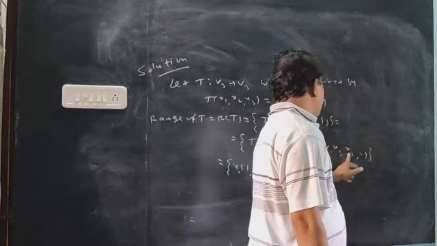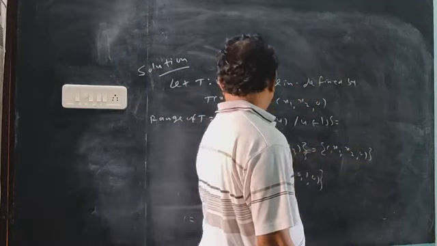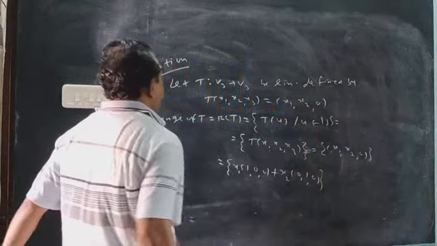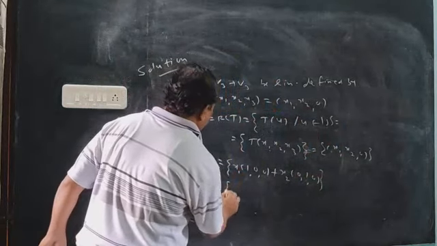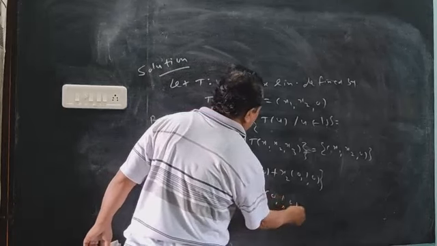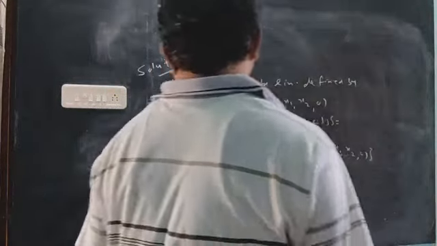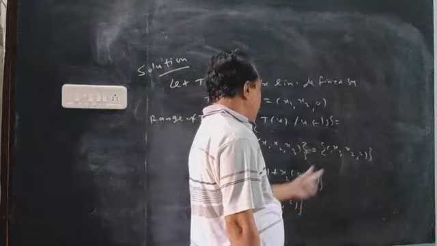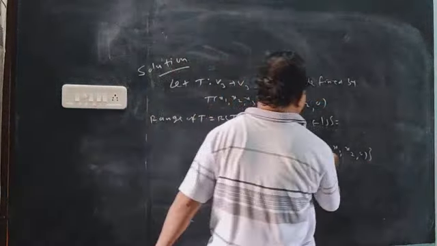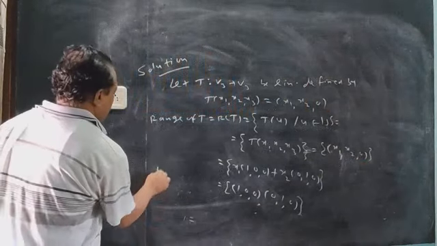Break it in terms of this. So it is the span of (1, 0, 0) and (0, 1, 0). This is the simple adjustment, so this R(T) is sufficient.